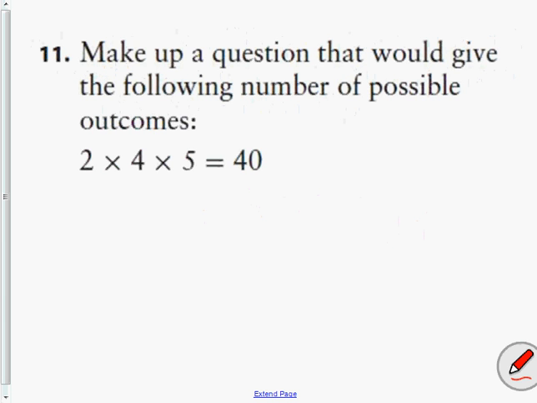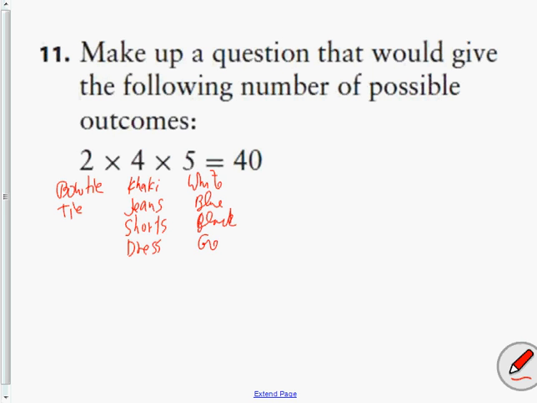For 11, it says make up a question you would use for this. Okay, I have a bow tie, or I have a regular tie, which is a necktie, I guess. I have khakis. I have jeans. I have shorts. And I have dress pants. And then I have a white shirt, a blue shirt, a black shirt, a gray shirt, and an orange shirt.